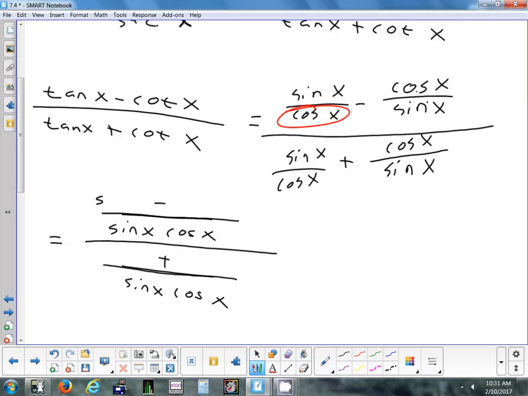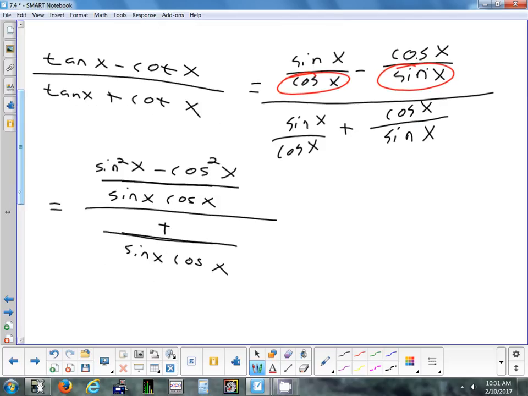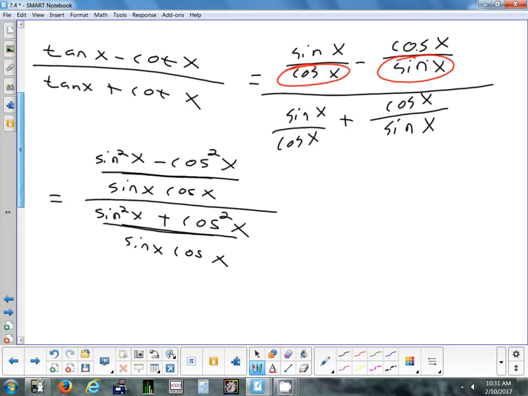So I'm going to multiply top and bottom by sine. What is that denominator missing? Cosine. So we're going to multiply top and bottom by cosine. All right, and now the bottom is the same thing, yeah. Sine squared plus cosine squared.